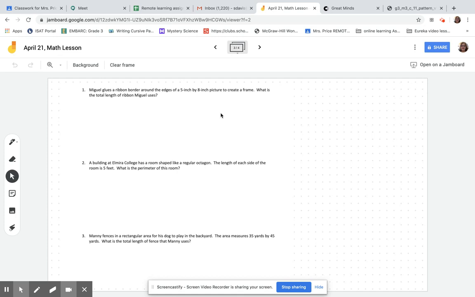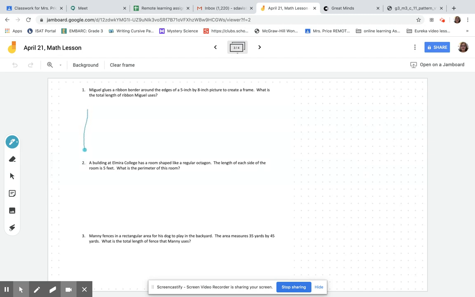Number 1 says Miguel glues a ribbon border around the edge of a 5-inch by 8-inch picture to create a frame. What is the total length of ribbon Miguel uses? Well, let's draw it. That's what I expect you to do, draw the shape that it tells you and then label it.